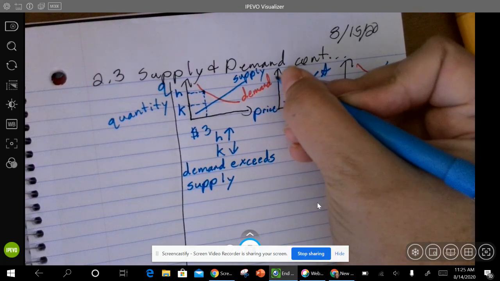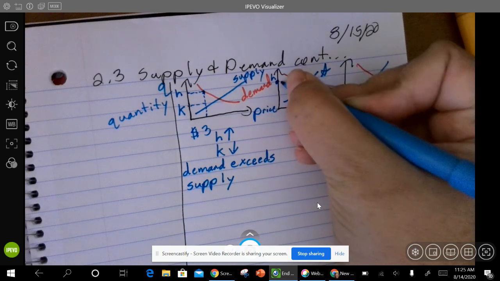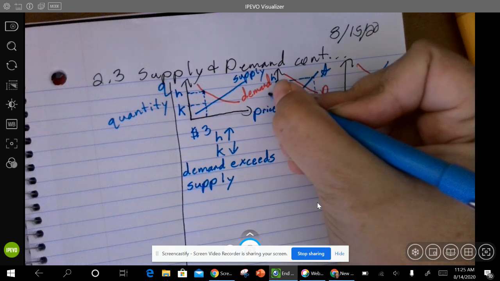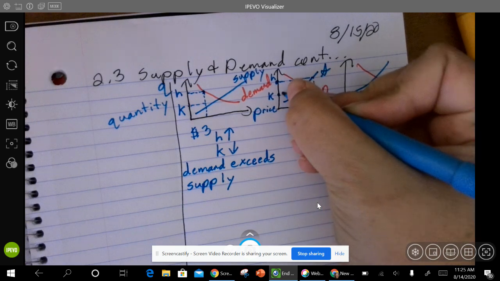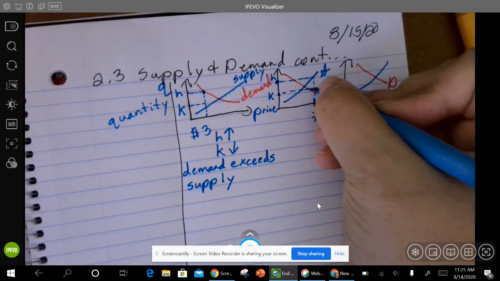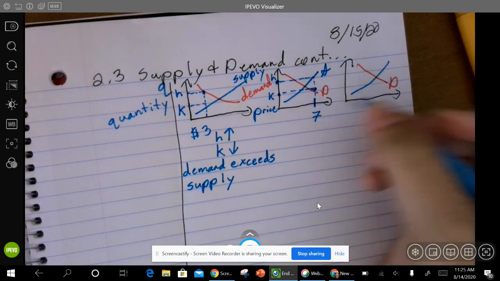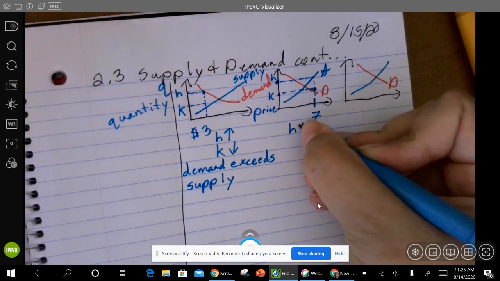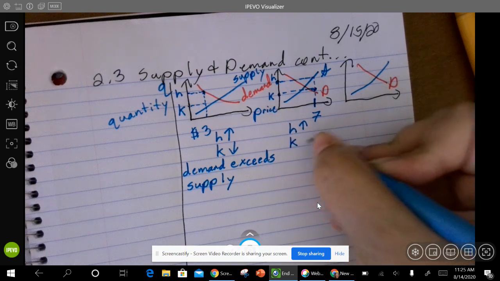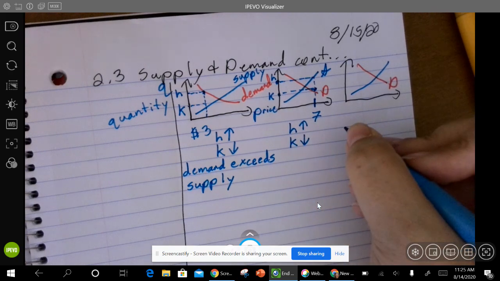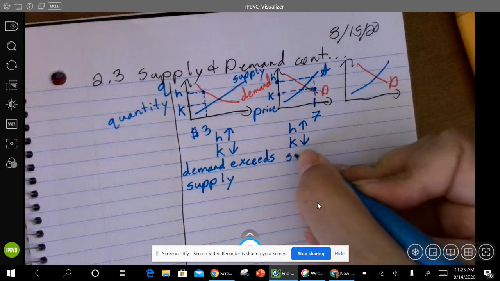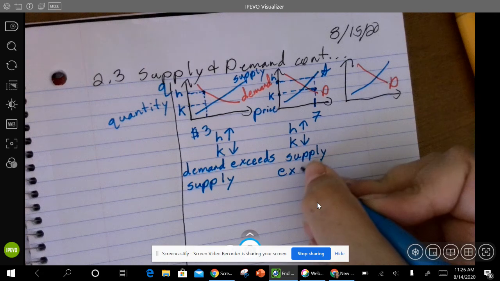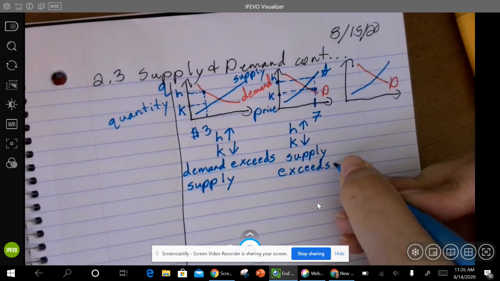So if we're here, and then I look at K, should be right on there. Okay, so that means everybody that the supply is going to be high, and the demand is going to be low. Okay, so that means the items would be sitting on the shelf collecting dust. So supply exceeds the demand.